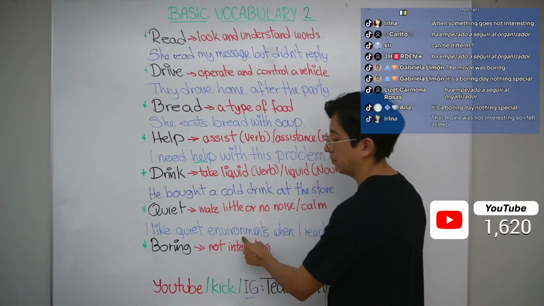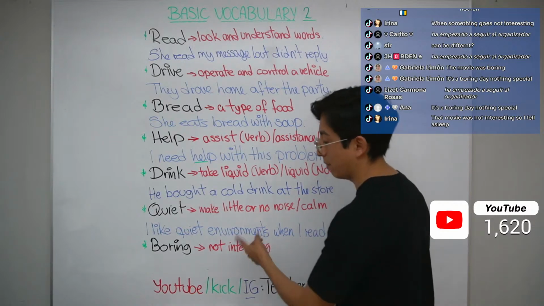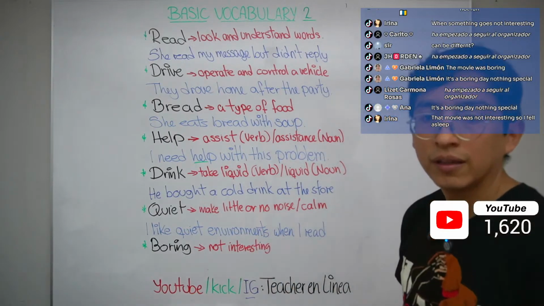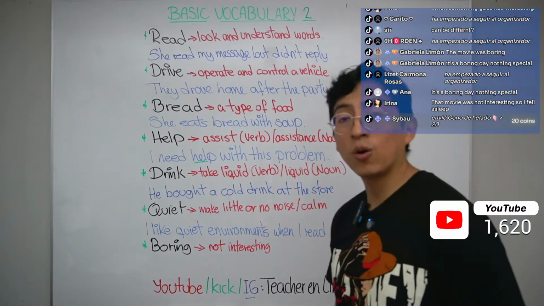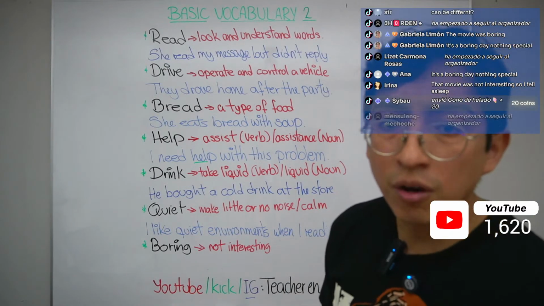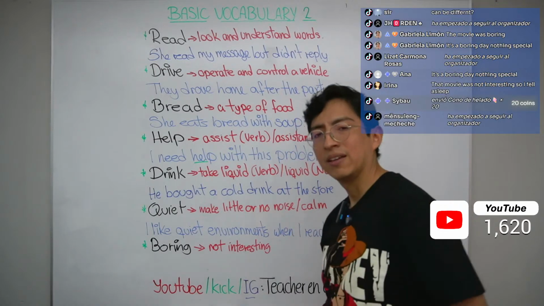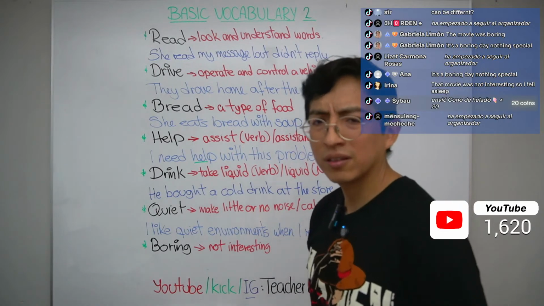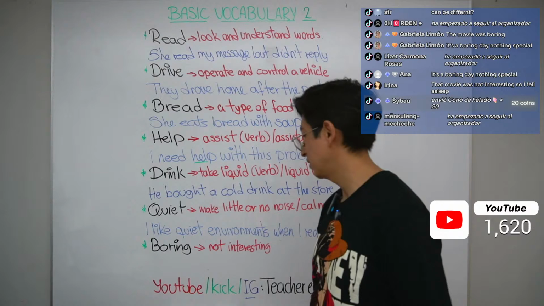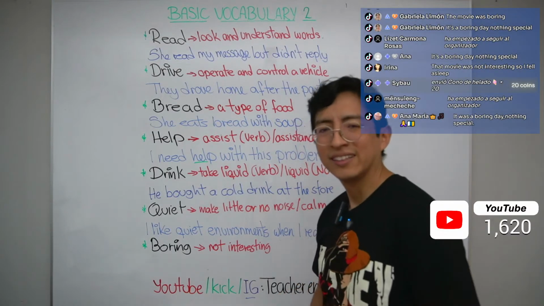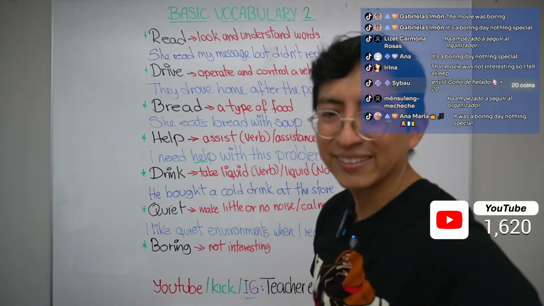Environments. The N is not pronounced, but it has to be there. Okay, very good. Oh, thank you, Sibal. Your nickname sounds French, Sibal. Okay, are you French? Okay, very nice.